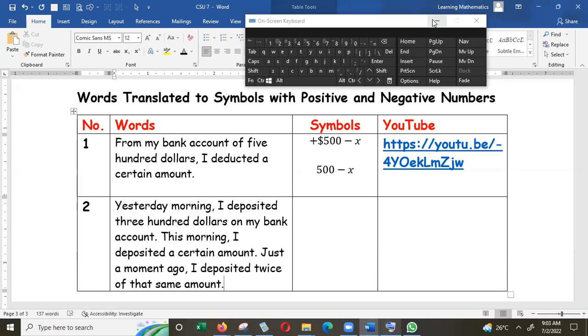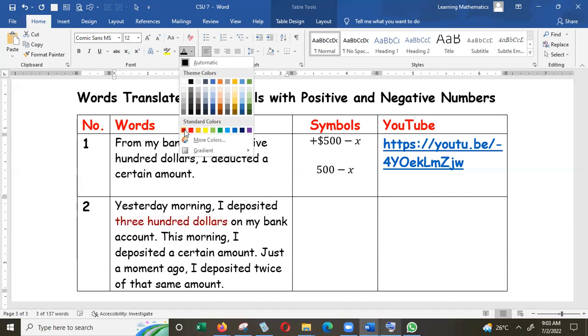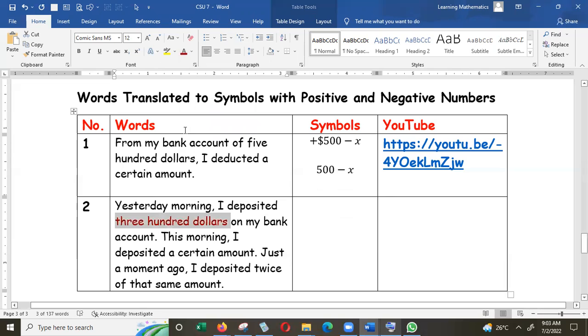Now, as you can see, this little paragraph with, let's say, 1, 2, 3 sentences is strictly words. Now, in mathematics, there are important words and they have the symbolic translation. For example, $300 is an important word in mathematics because it signifies quantification. So it has its symbolic translation.